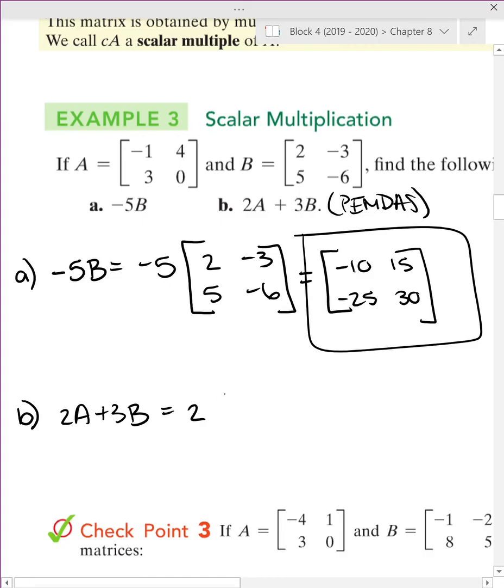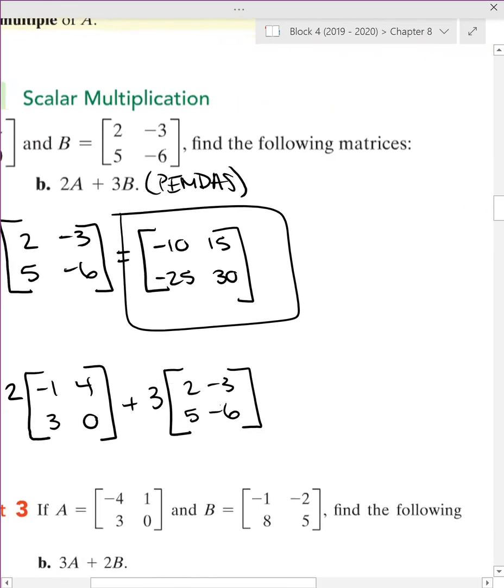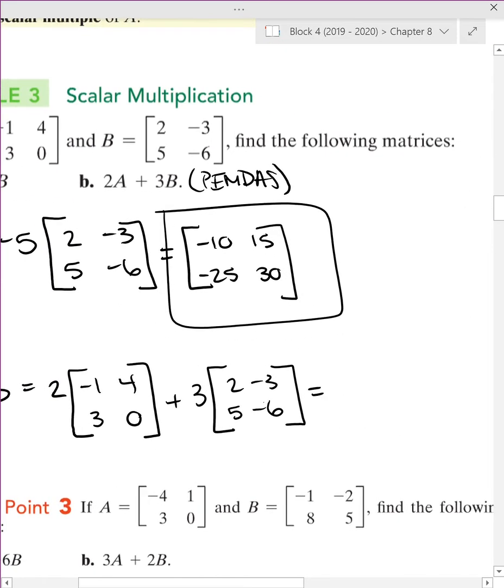So 2 times matrix A is negative 1, 4, 3, 0, and then plus 3 times 2, negative 3, 5, negative 6. So I multiply everything, the 2 into matrix A and the 3 into matrix B. I get negative 2, 8, 6, and 0.